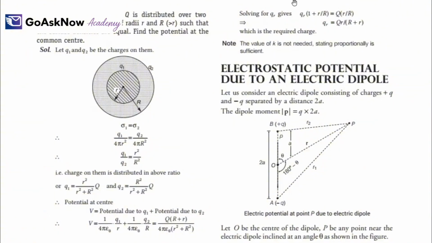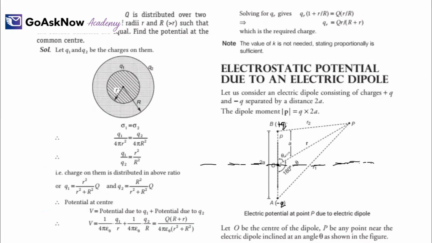Here see the figure. You have the minus q charge here and the plus q charge here, and the distance between them is 2a. I will assume the center of this dipole as origin, because the center of the dipole is taken as reference for the distance, as I have already told you that this is the center of mass or center of charge for the dipole.